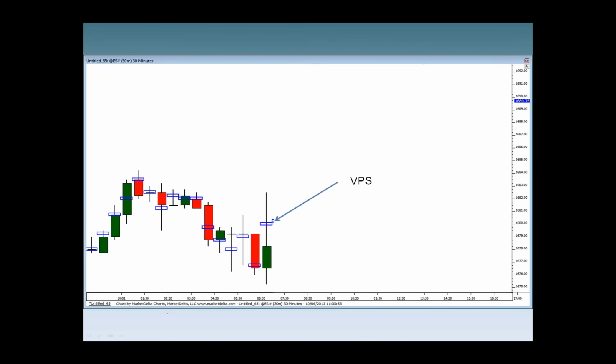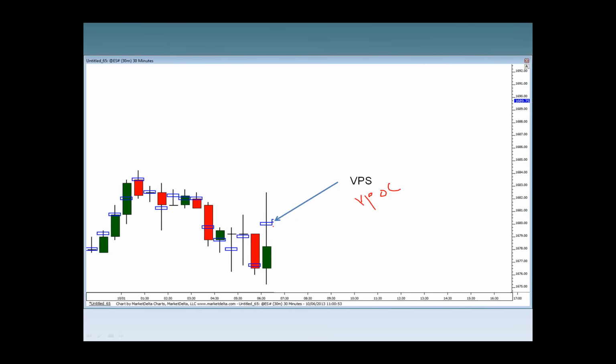The next thing I want to look at, and this is very important, here it says VPS because the indicator in MarketDelta or Investor RT that will allow you to display the volume point of control is known as the volume price statistics indicator. And once you put that indicator on the candlesticks, it will show you the volume point of control, VPOC, for the 30-minute period. And this is really quite significant for a number of reasons.